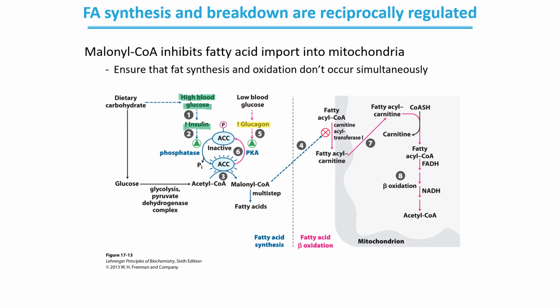Insulin causes the activation of ACC enzymes. So ACC, as we just saw, converts acetyl-CoA to malonyl-CoA, and this malonyl-CoA will be used up in the fatty acid synthesis. So insulin or high blood glucose is going to have a positive effect on fatty acid synthesis.